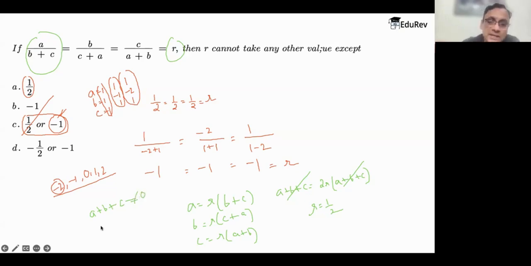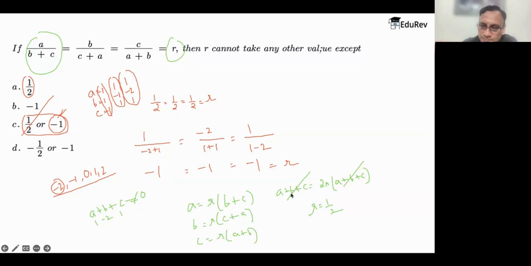So any combination that makes A plus B plus C equal to 0 is a combination that is possible, and then of course you can't divide. So if you see the combination that we took, 1, -2, and 1 actually makes it 0. Hence, this also is a possible value. I hope we are clear.